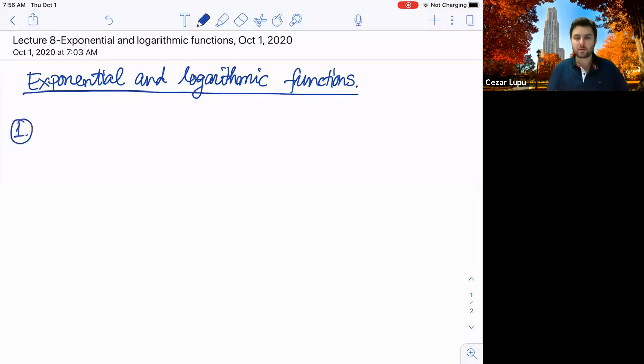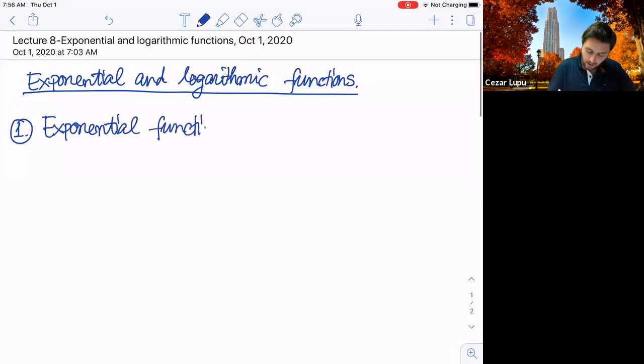The first one that we would like to start with is the exponential function. The exponential function basically is this function which looks a little bit like this.